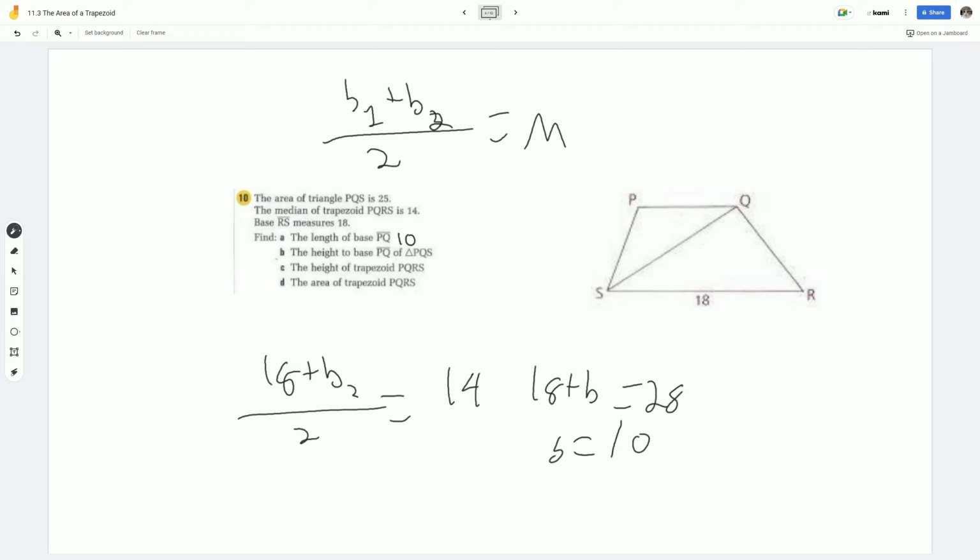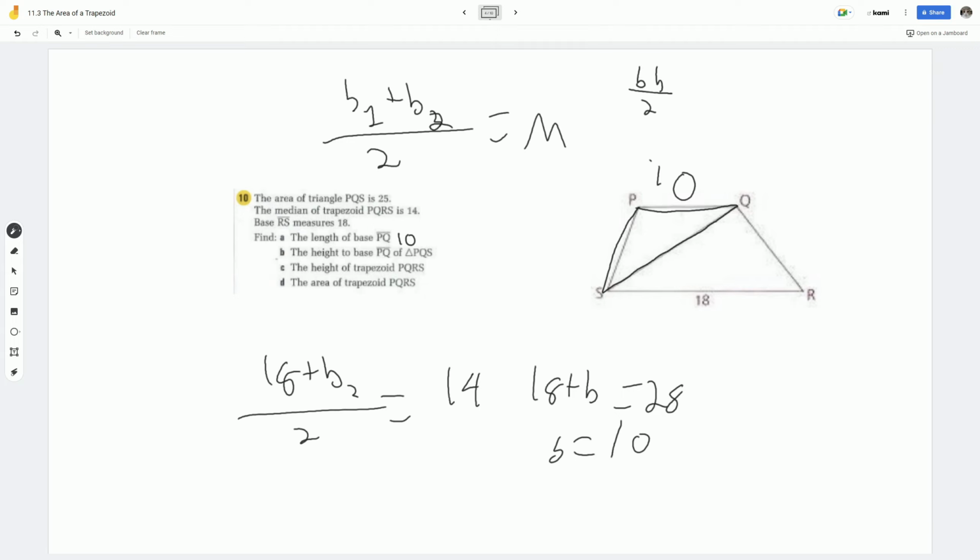Okay, so we know this is 10 now, and we need the height to base PQ of triangle PQS, which is this shape right here. The area of the triangle is 25. So once again, we can use another formula, base times height over 2, which is the area of a triangle.